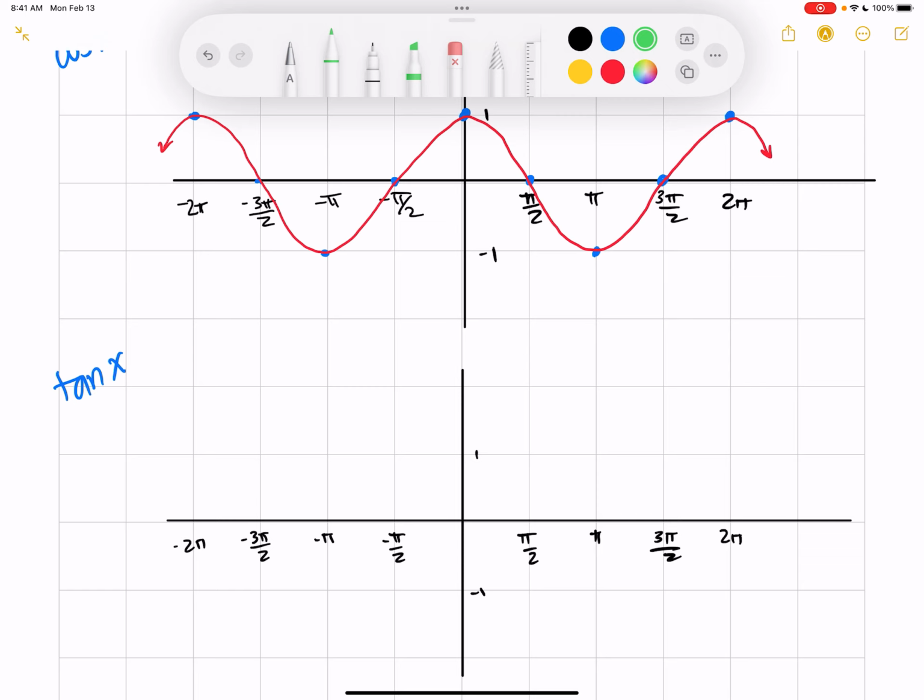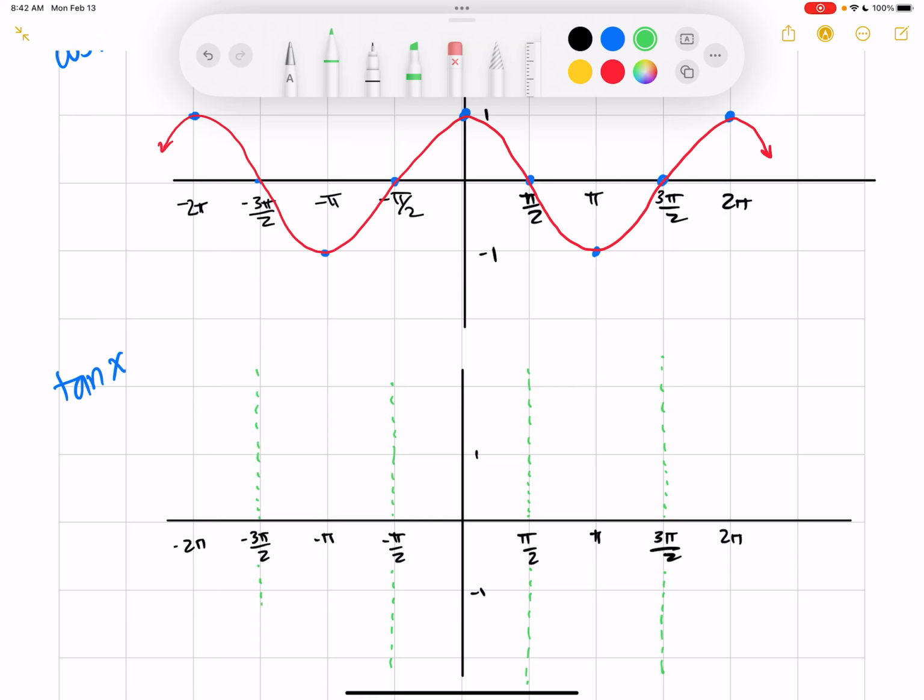So what happens is we put a dotted line at pi over 2. And then the same thing happens at 3 pi over 2, right? It's also undefined there, so I put a dotted line there. And then at minus pi over 2, we have the same thing, and then at minus 3 pi over 2.